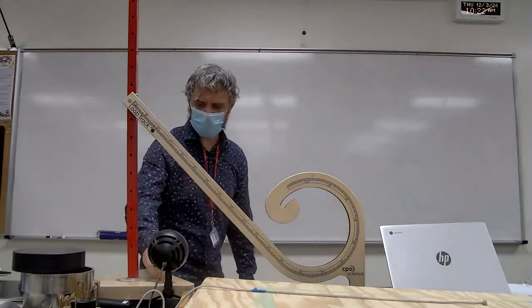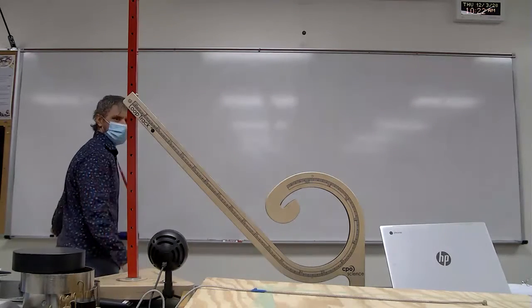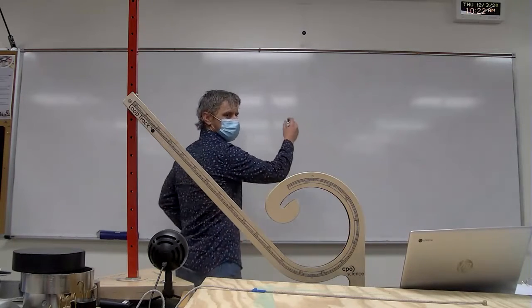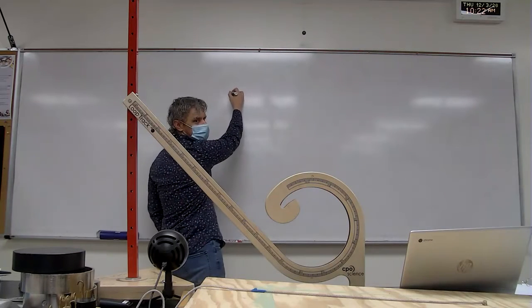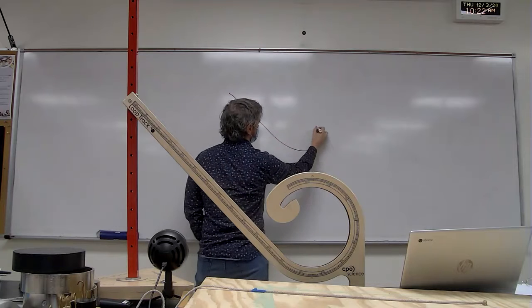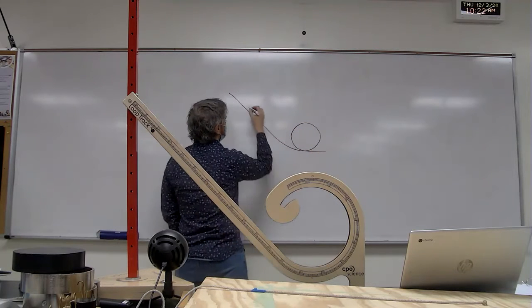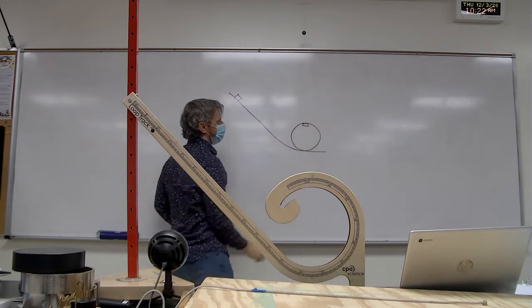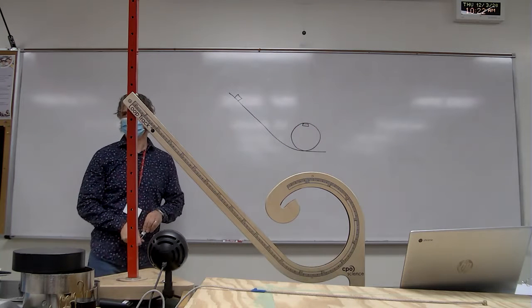And remember, we can solve this kind of problem when we do energy. If we just have an object sliding down, and we want it to get through the loop, we just do conservation of energy, right?